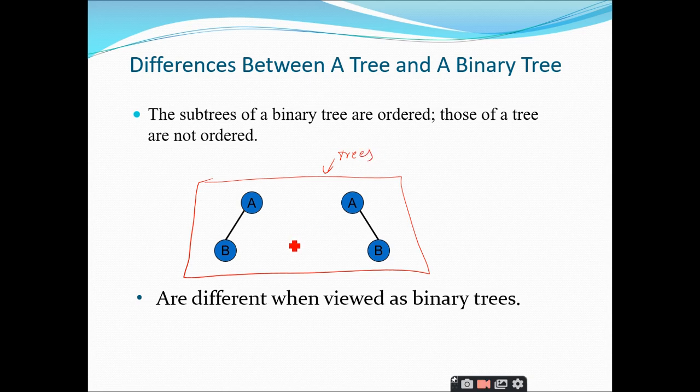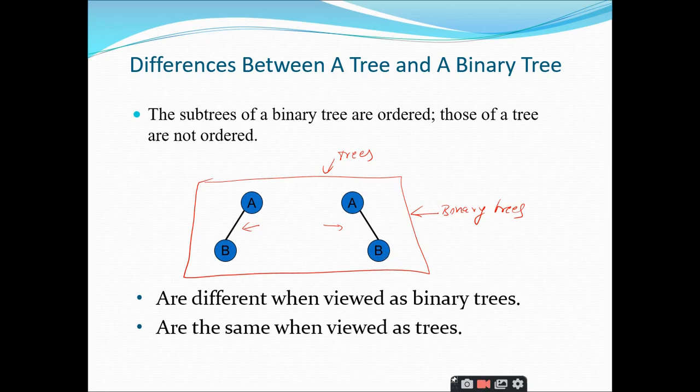Why? Because nodes are not ordered in trees. But if you consider the same example with respect to binary trees, since the nodes are ordered in nature, they are different. This is the node A with left child B, and this is the node A with right child B. They are different in case of binary trees, right?